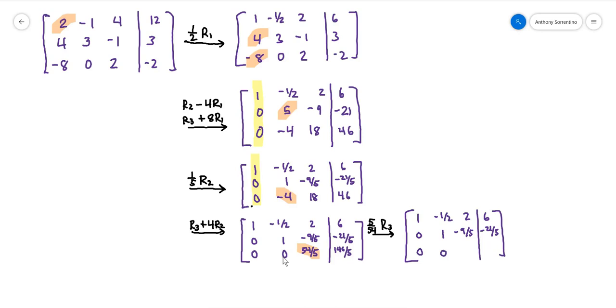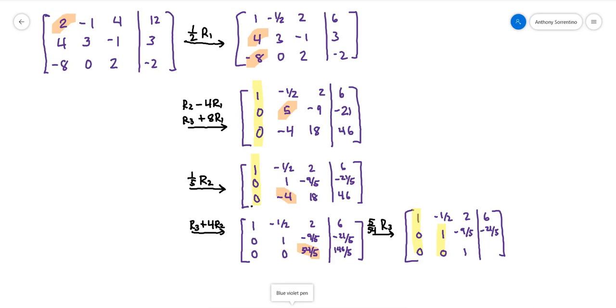Again, that's why I do this. I wanted what I had as far as the 1s and 0s go to remain unaltered from this point on. Because if they change and become anything else, then I don't have it in row echelon form, and that would cause me an issue. This becomes a 1, because 54/5 times 5/54 is 1.